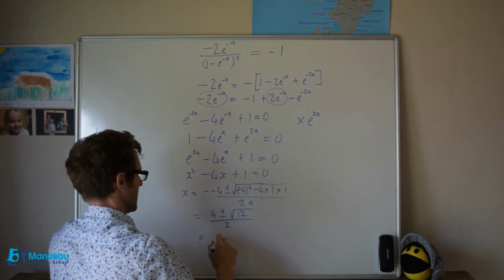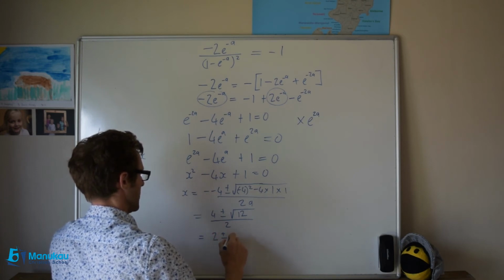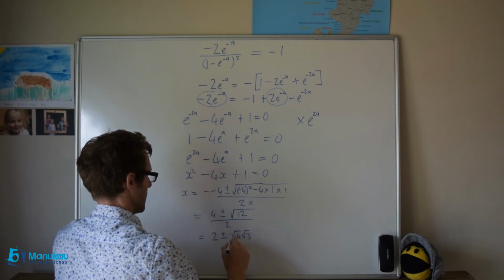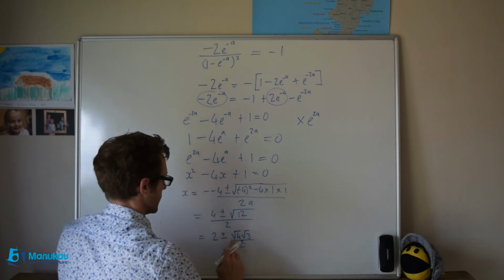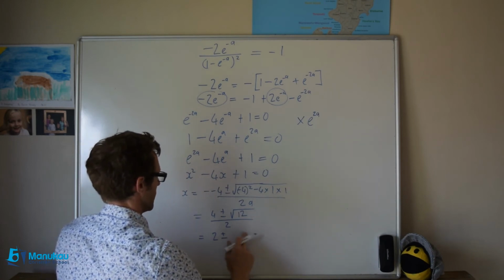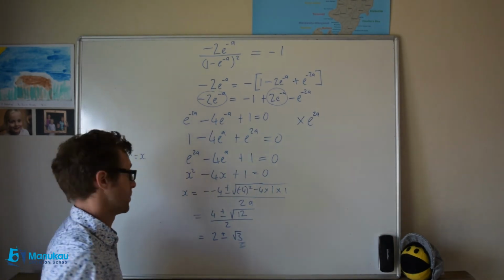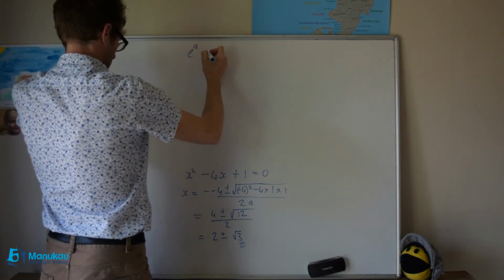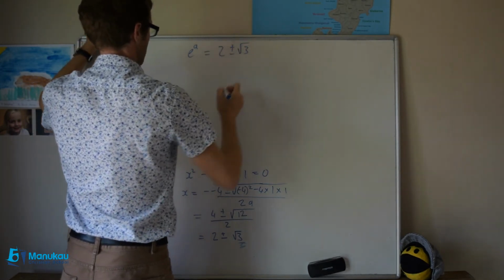And this is going to be further simplified: 2 plus or minus the square root of 4 times the square root of 3, over 2, and these are going to cancel out, so it'll just be plus or minus square root 3. Okay, so I hope you are following me to this point. So now e to the a is equal to 2 plus or minus square root 3.